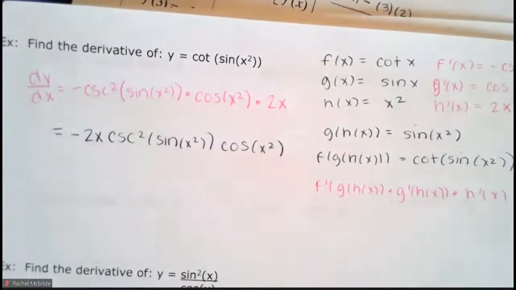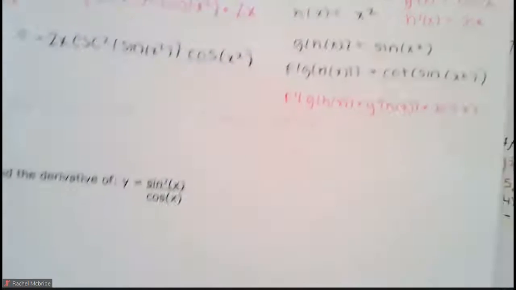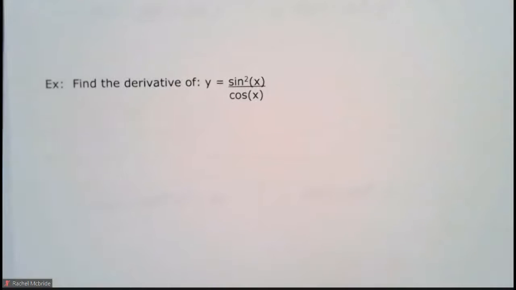And we have negative 2x cosecant squared sine x squared cosine x squared. Okay.